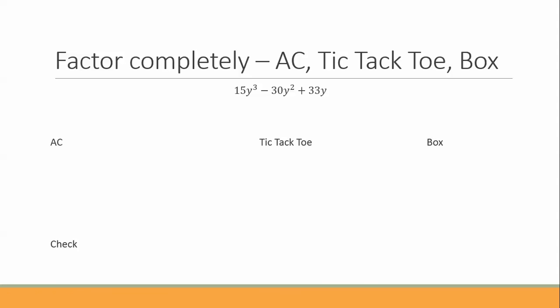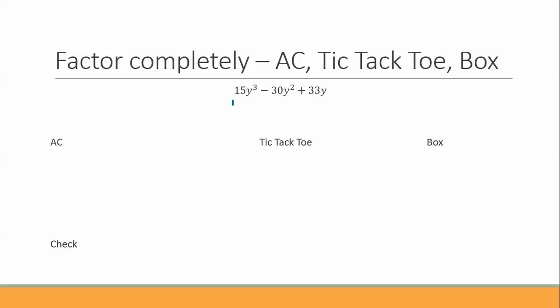Our next problem is 15y cubed minus 30y squared plus 33y. Again, remember the first step I told you was to factor out a greatest common factor if possible. These all are multiples of 3. The coefficients are all multiples of 3, and there's a y in every term.